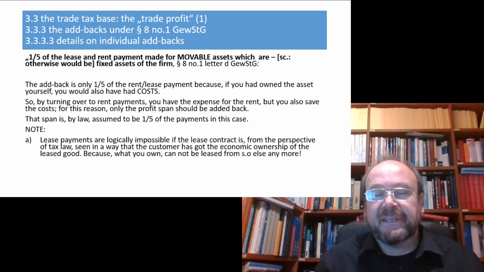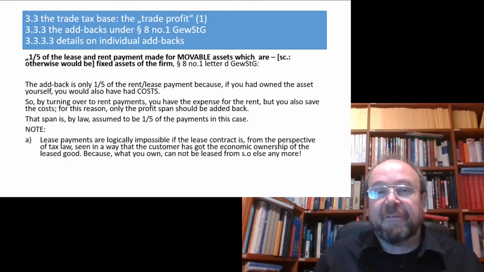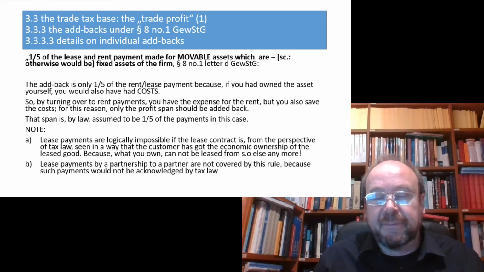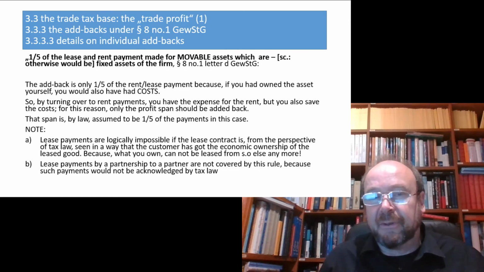So in case where leasing contracts trigger economic ownership of the customer, this cannot be applied here, because what you own is nothing what you can lease anymore. And lease payments from partnership to a partner naturally do no longer exist.